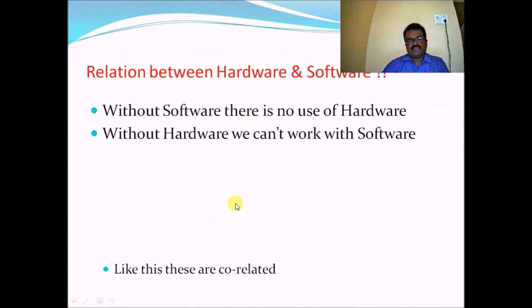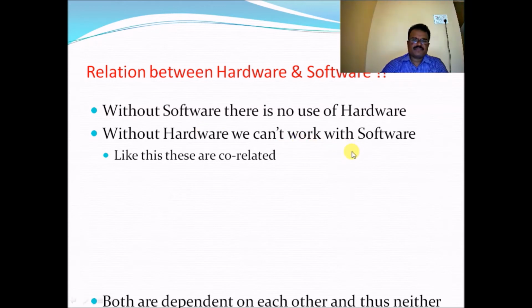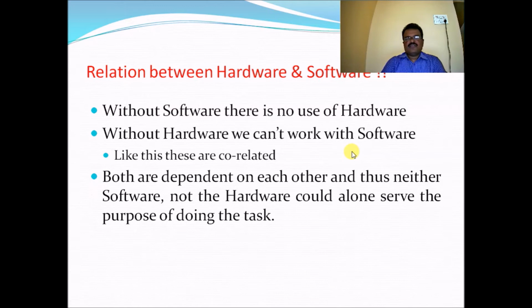So these are so correlated. That means without software there is no use of hardware. Without hardware we cannot work with the software. And hardware and software are both dependent on each other, and thus neither software nor hardware could alone serve the purpose of doing the task.